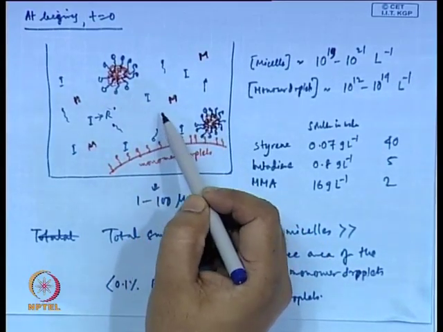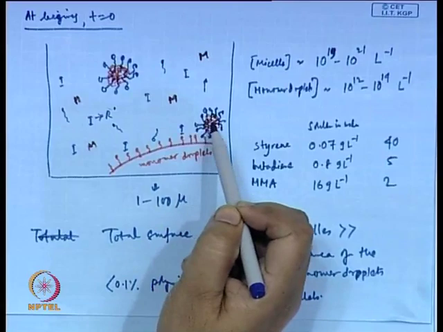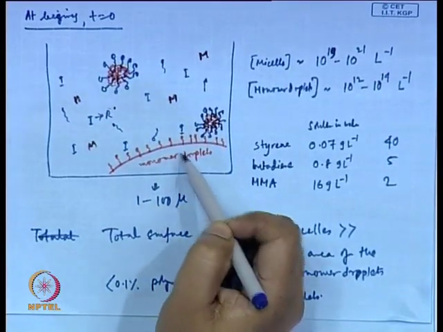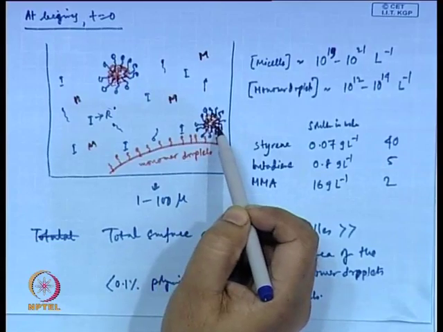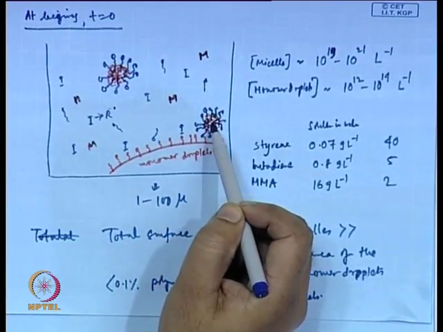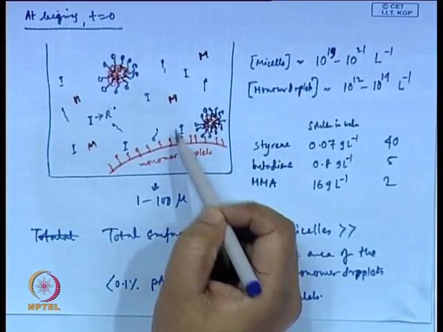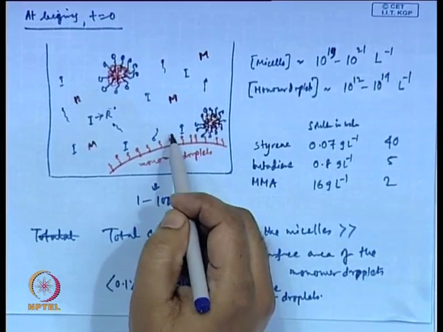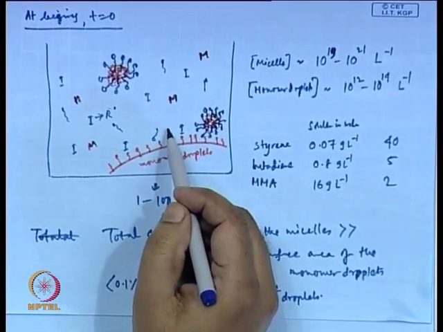So, monomer will be supplied from the bulk, again inside the micellar core, and to maintain the equilibrium, these monomer droplets will supply the monomer in the solution. Are you clear?